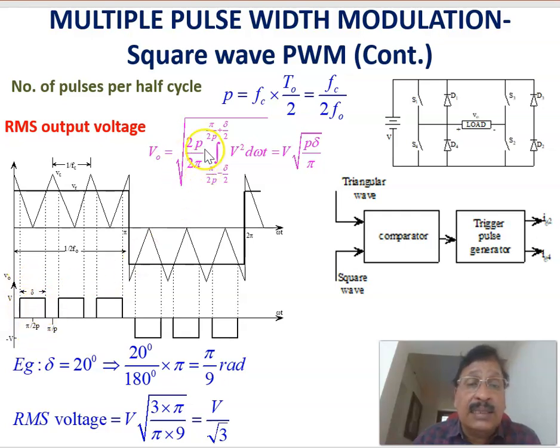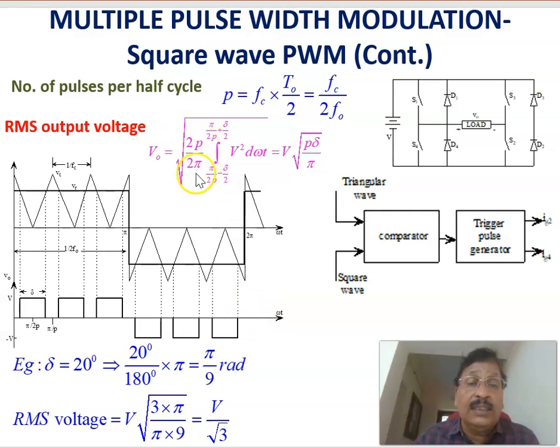There are 2p such pulses in total, which is why we multiply by that, and they are distributed over 0 to 2 pi.